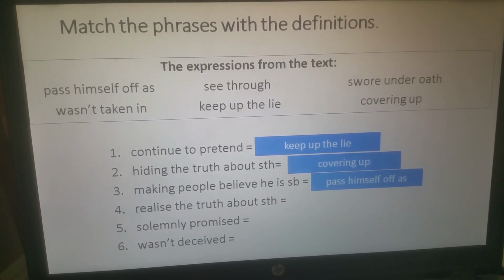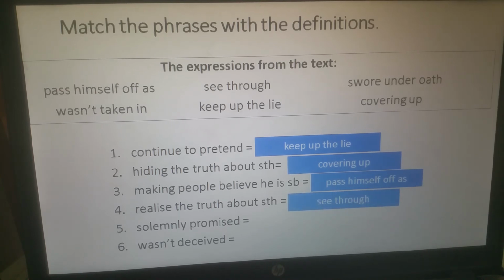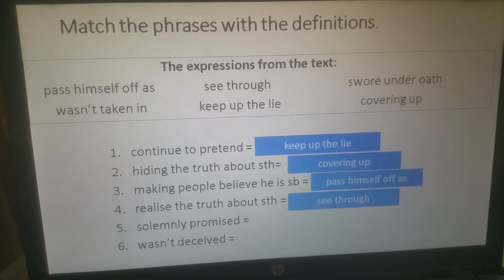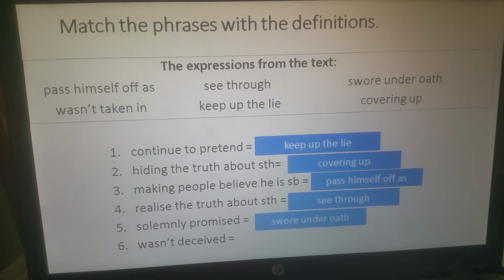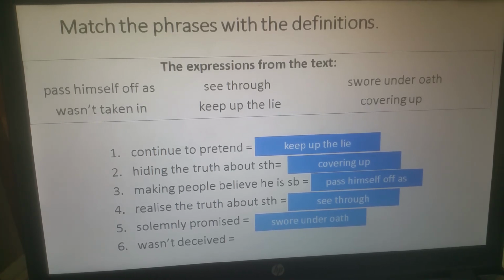Realize the truth about something. So you realize, you see through. Number 5, solemnly promised: swore under oath. This expression is used when you are absolutely certain about something. So you promise, you swore under oath. And wasn't deceived, wasn't taken in.